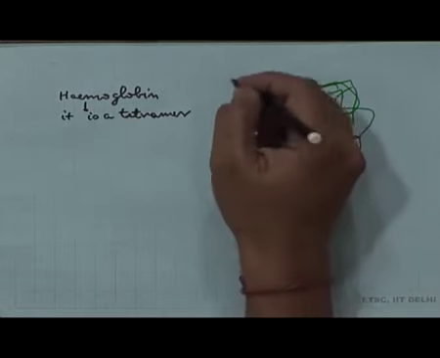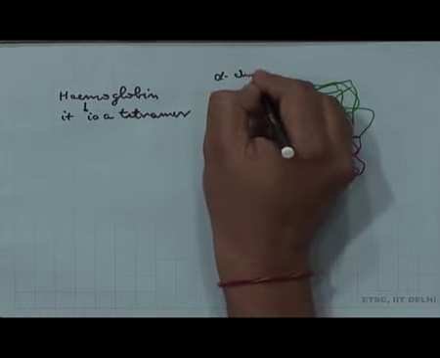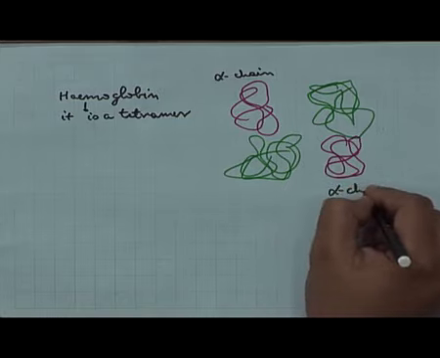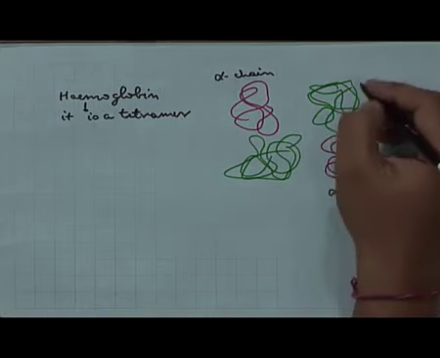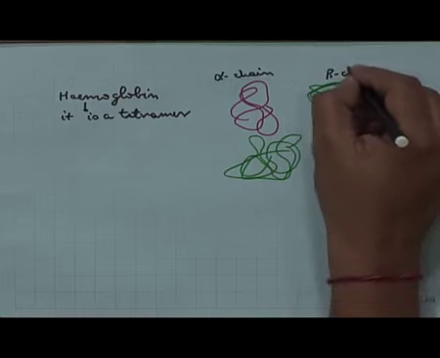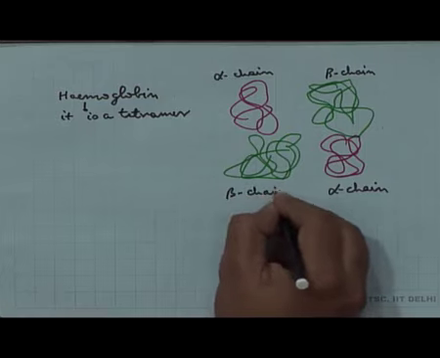So, here it has alpha chain, again alpha chain, and here beta chain, beta chain.